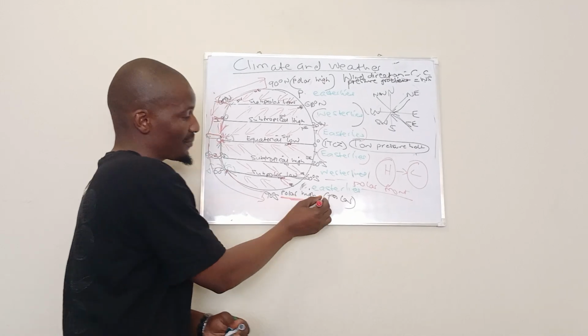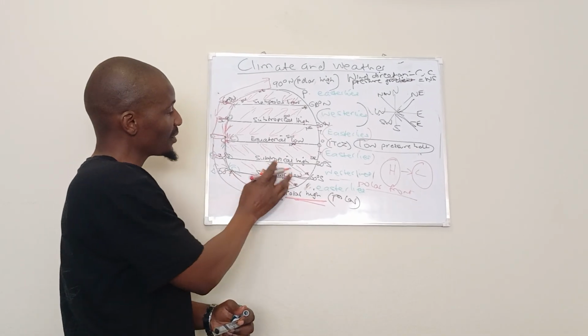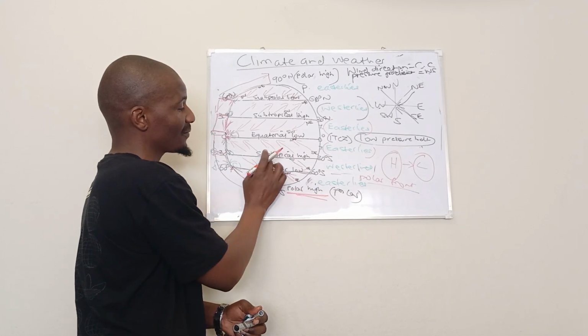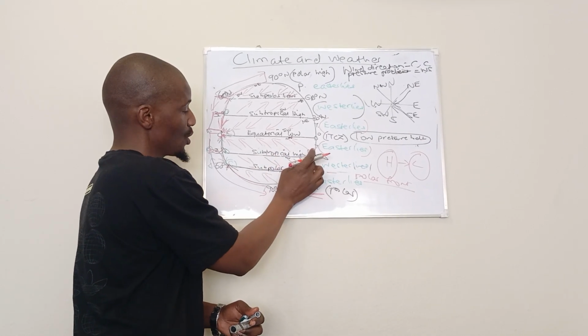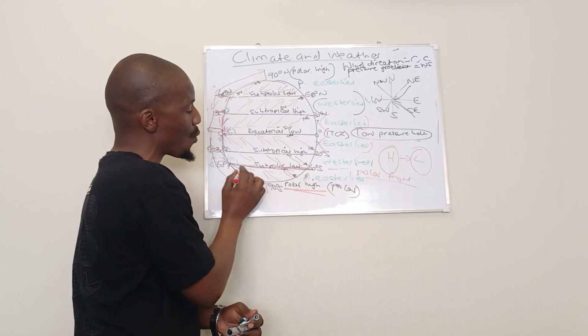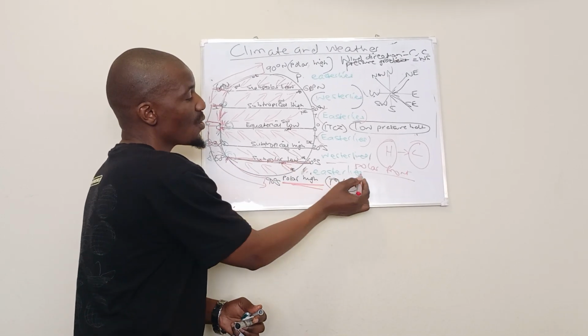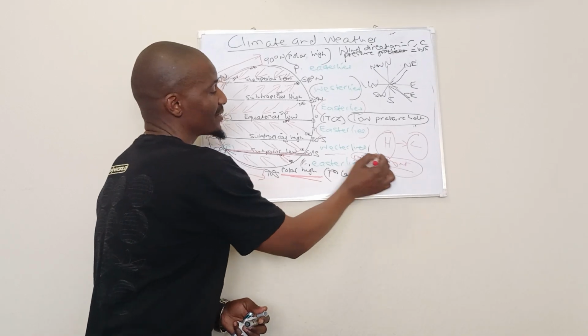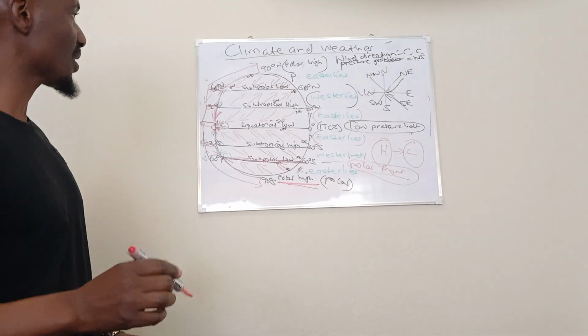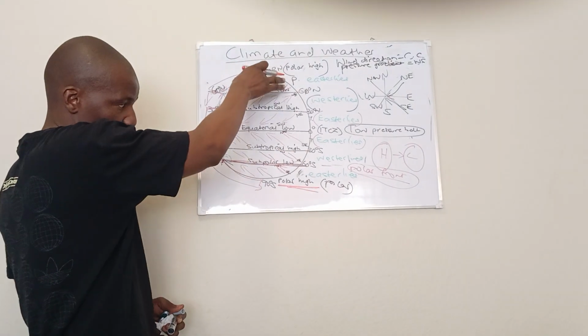Then we have the westerlies that are warm, coming from the subtropical high. These two meet at the subpolar low. This is more or less our polar front, where the mid-latitude cyclones take place, in both the southern and northern hemisphere.